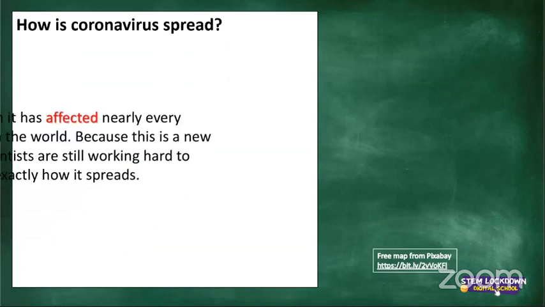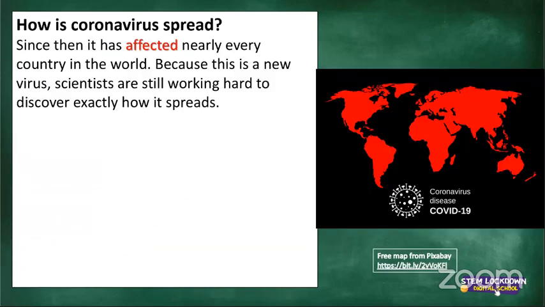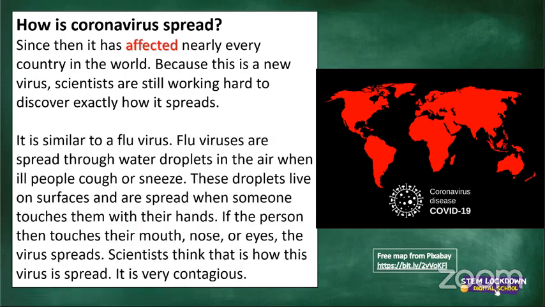Let's go on. How is coronavirus spread? Since then, it has affected nearly every country in the world. Because this is a new virus, scientists are still working hard to discover exactly how it spreads. It is similar to a flu virus.